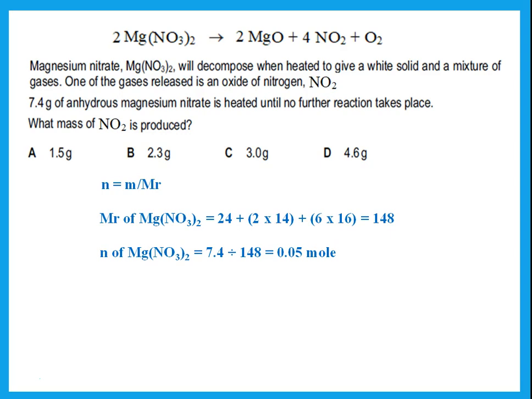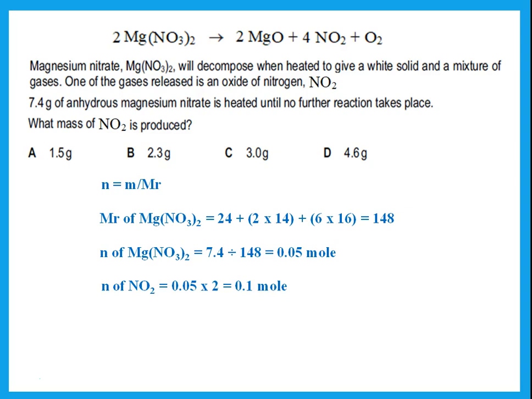So what is the relationship from the equation between magnesium nitrate and NO2? The equation says if the number of moles of magnesium nitrate is 2, the number of moles of NO2 is 4. So 2 gives 4. So the 0.05 will give how much? The NO2 is basically twice the magnesium nitrate, so it will give 0.1 mole.